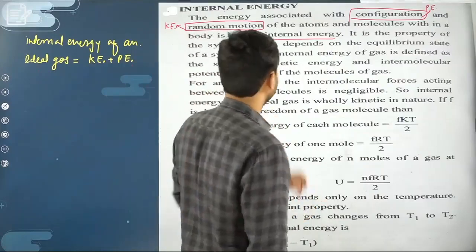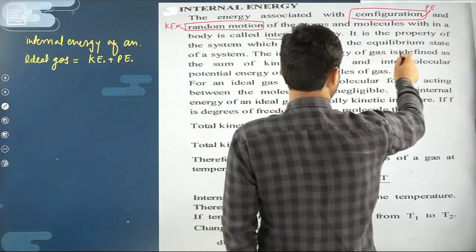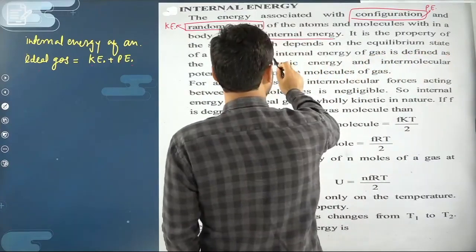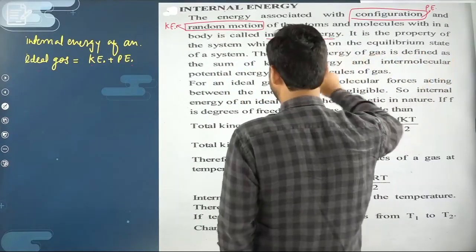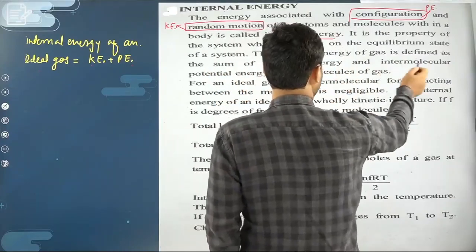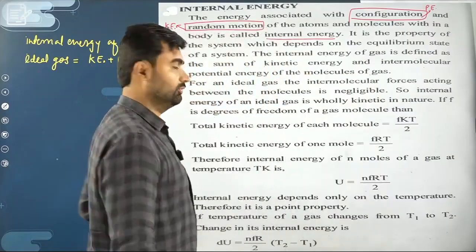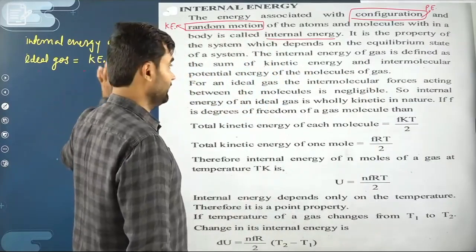Now an important point: it is a property of the system which depends on the equilibrium state of the system. The internal energy of a gas is defined as the sum of the kinetic energy and intermolecular potential energy of the molecules.